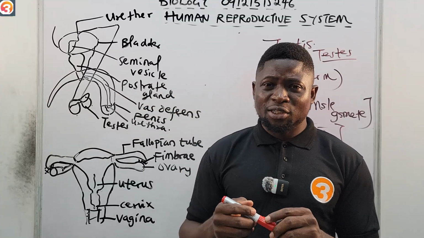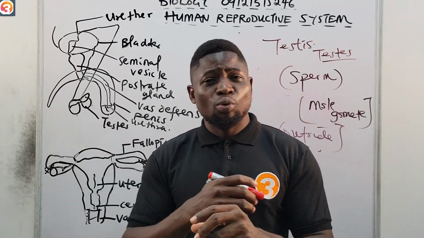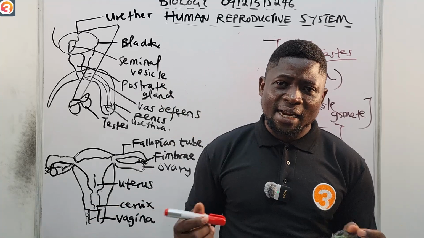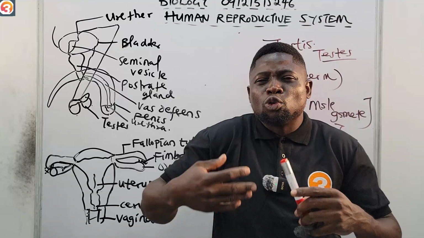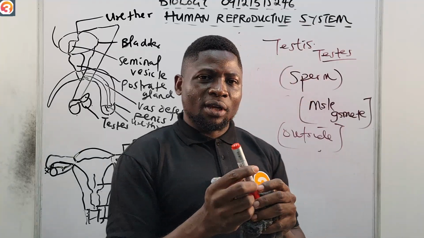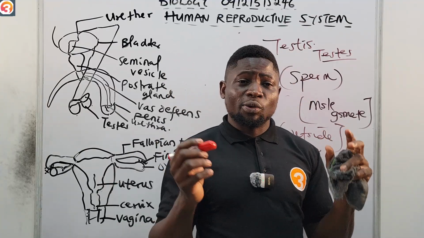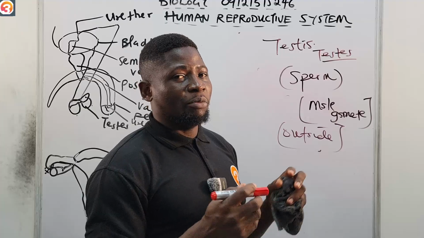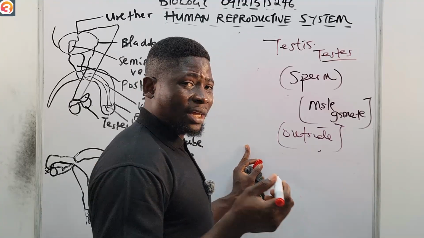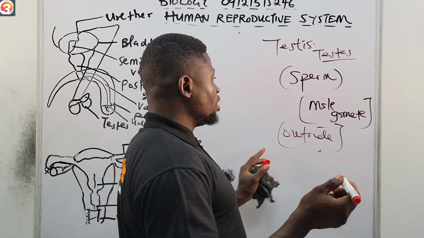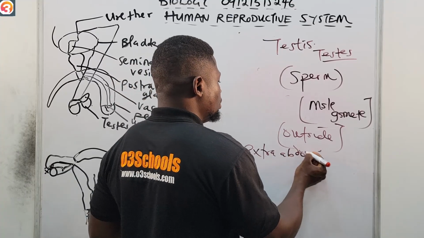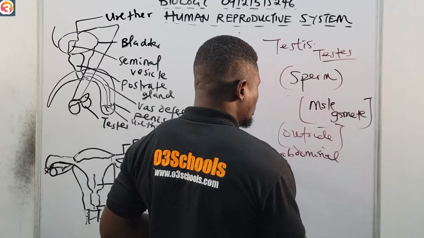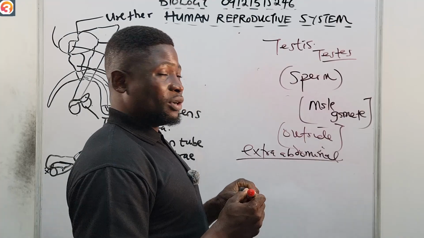It doesn't need somewhere that's too cold or too hot. There's an allowed temperature that makes it perform efficiently, and that is why it is located outside the human body. We usually call it extra-abdominal. That is the testis.